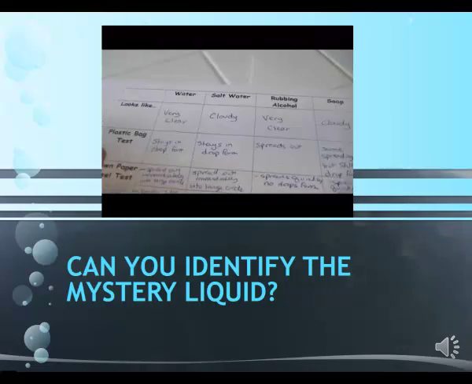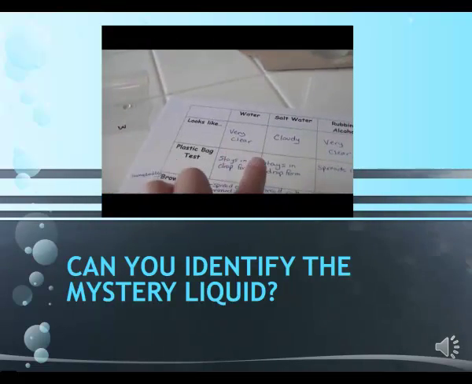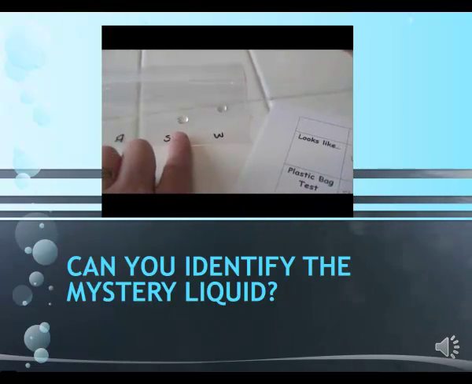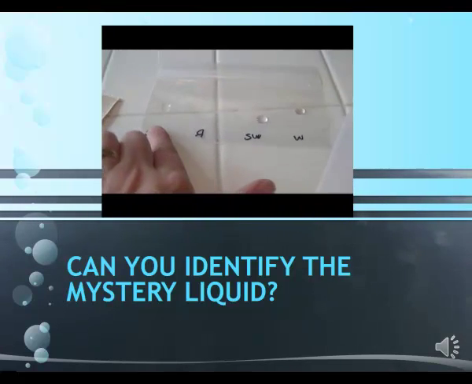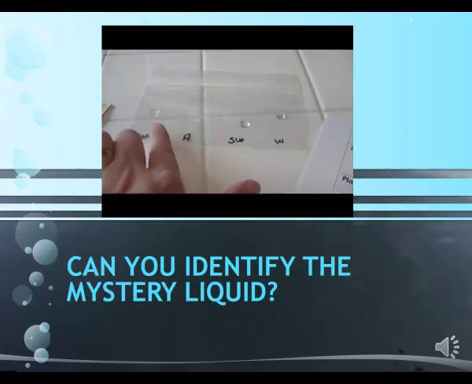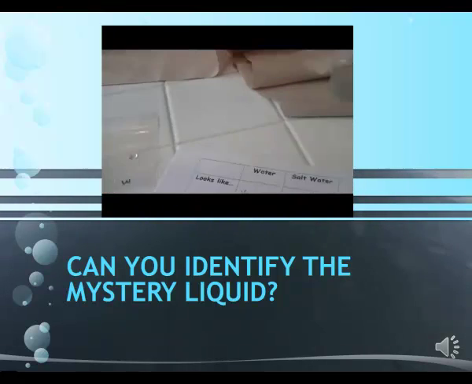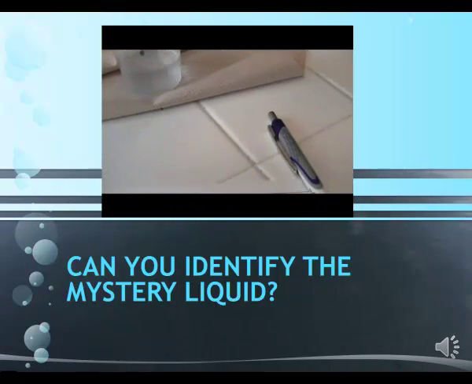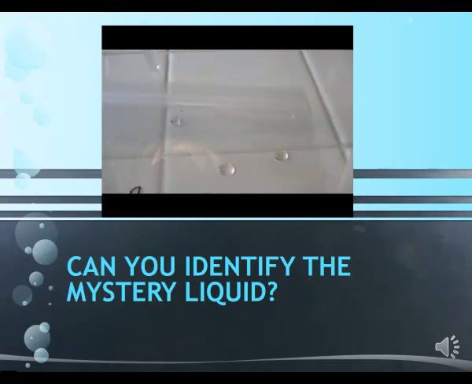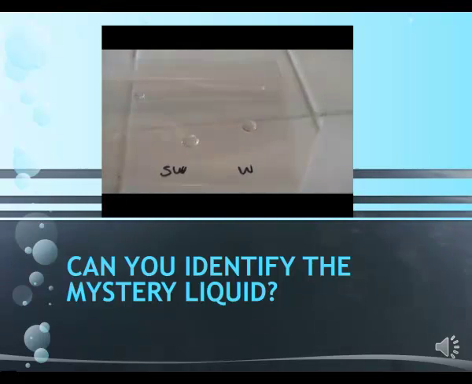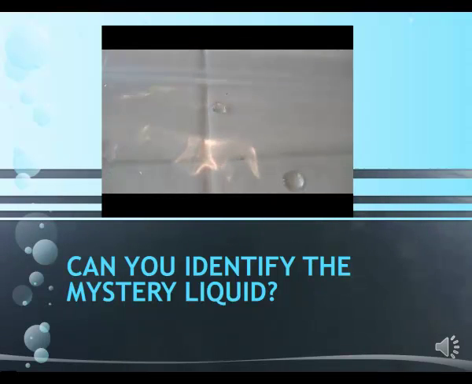So what should I see on this plastic bag? Well, I should either see the salt water beading up, or I should see the soap that's kind of still beaded up, but it's not in a droplet form. So let's see which one. I'm going to put my drop right up here. Well, what do you think?